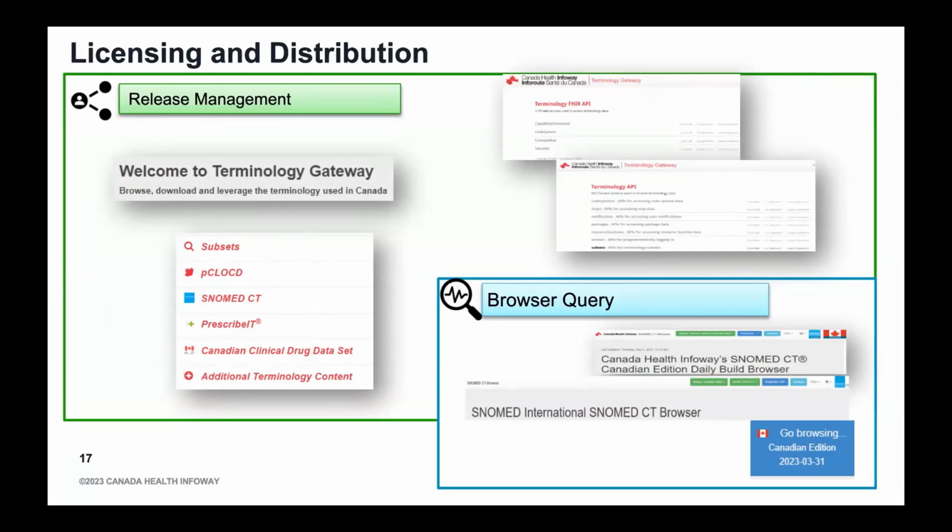So all SNOMED CT, LOINC, and Infoway software tools are available at no cost to users with an active Infoway account. It is possible for users to subscribe and receive notifications to be aware of any new publications on the Terminology Gateway. Important note here is that to ensure compliance with our various agreements, Infoway account users are asked to reconfirm acceptance of these agreements by March 31st of each year. Next slide.